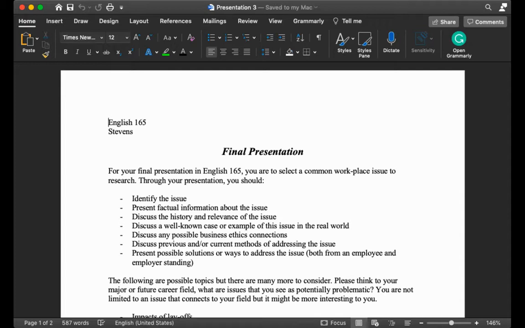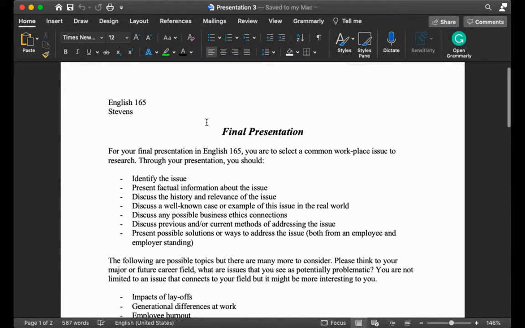This may also be an area of concern for you currently, or it may be something that you could bring up in an interview, or something that you could touch on or think about in your own field, your own career. So for this final presentation, you're going to select a common workplace issue to research.